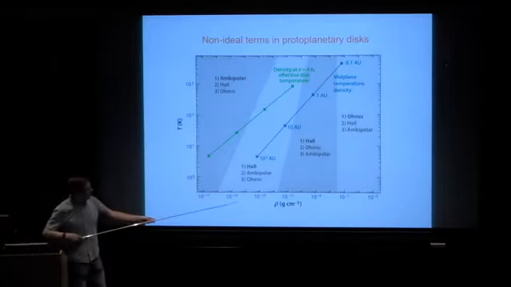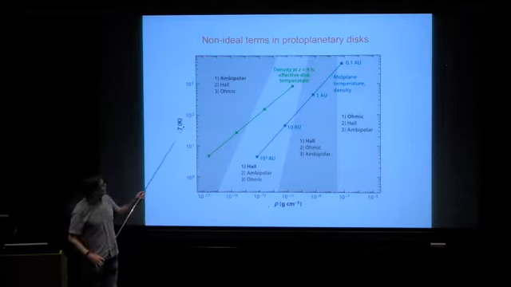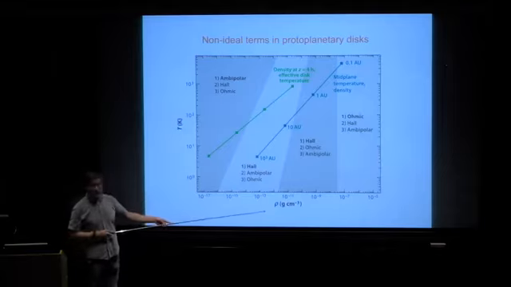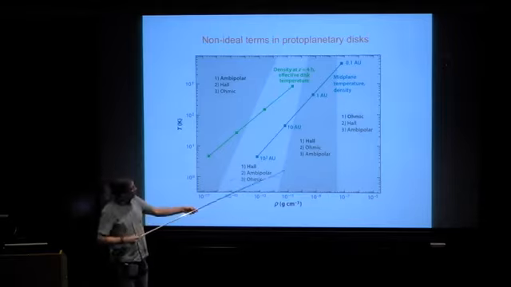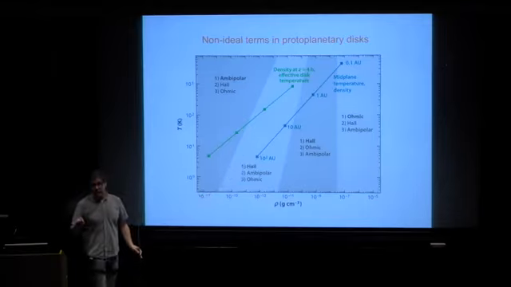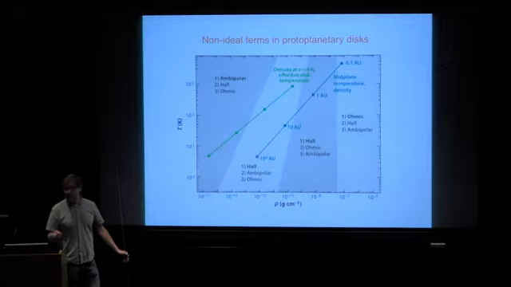So here's a plane of density and temperature. So we're talking about low temperatures here, and a very wide range of densities. Okay. And what's shown here in the different shaded regions are different estimated orderings of these non-ideal effects.